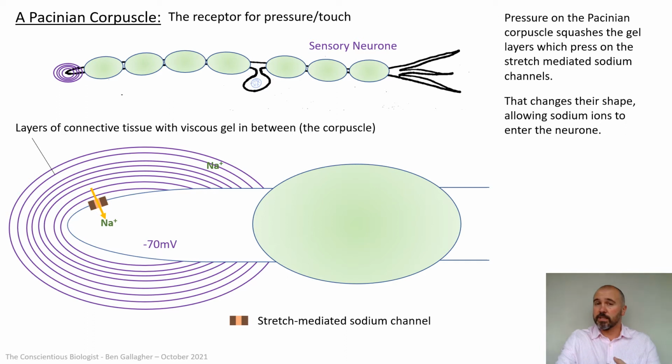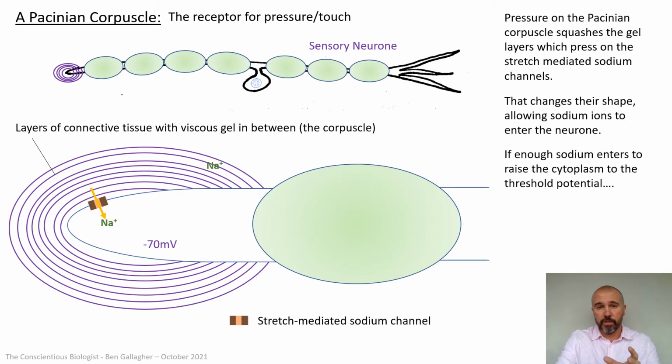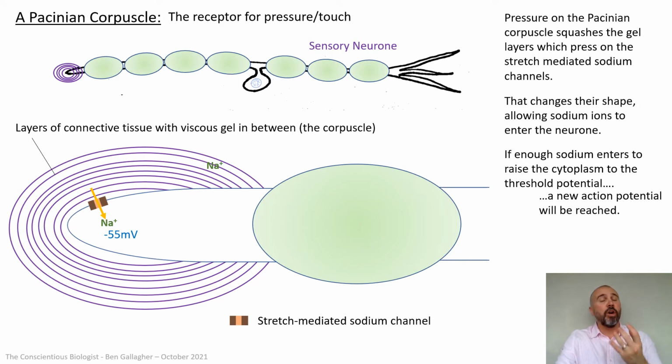Doesn't have to be enough to start an action potential, remember. It just needs to be enough to raise the voltage inside the cytoplasm to -55, to that threshold potential. But because this is the receptor, and this is where the impulse is first generated, we don't call that the threshold potential here, we call it the generator potential.